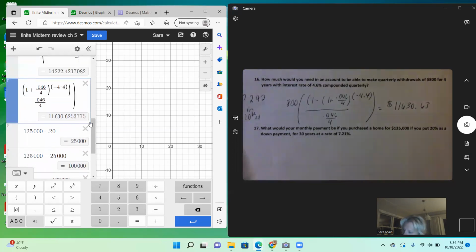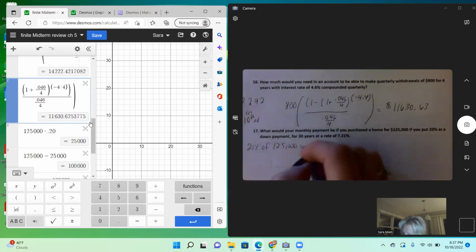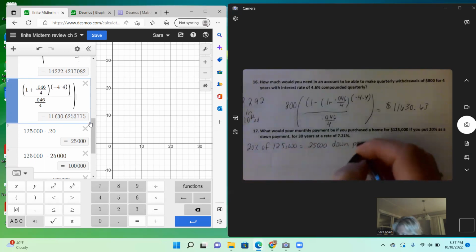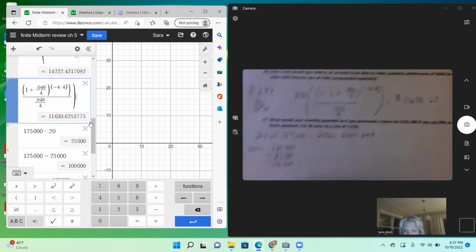So first of all, we have to find out 20% of 125,000, which is $25,000 down payment. So that means you're going to take out a loan for 125,000 minus the 25,000. So your loan is going to be for 100,000.